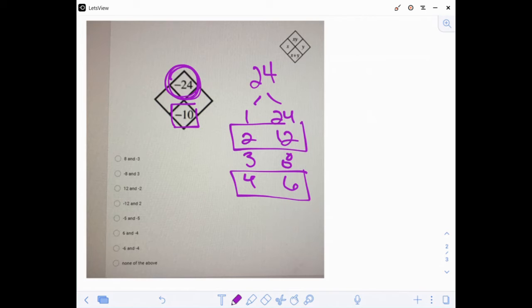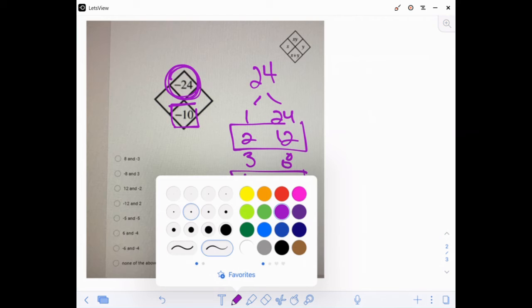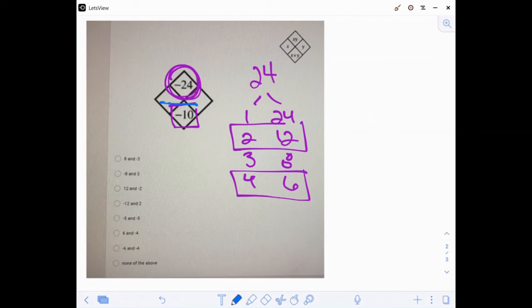But because they're negative, that makes it tricky. This -10, let me use a different color so that you can see the difference. This -10, I've got to add two things together to make -10. Well, I can add -4 plus -6, that's -10. But if I multiply -4 times -6, I get +24. I need -24, so that's not going to work.